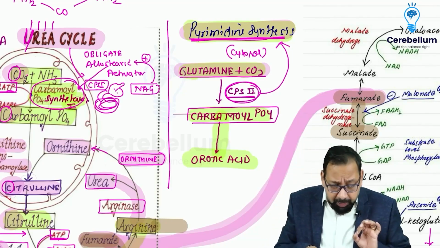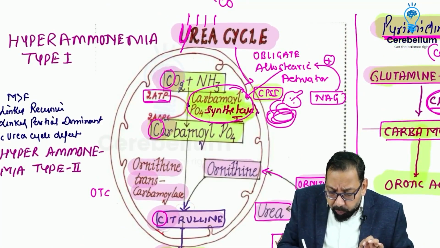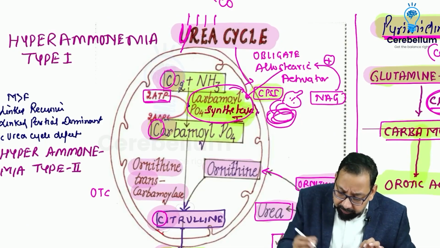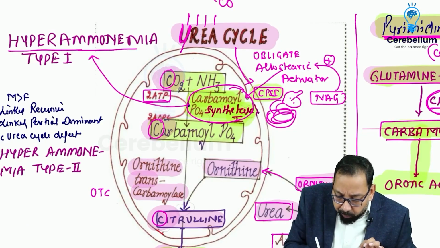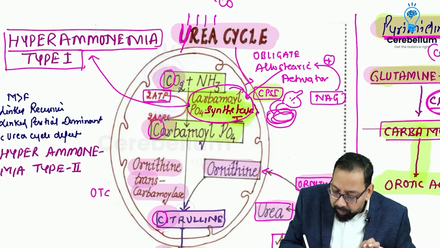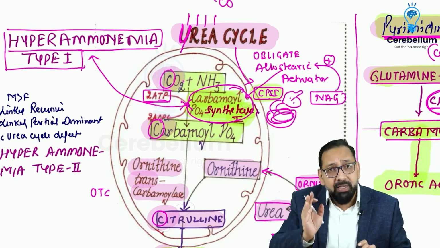Now the question is asked: if CPS1, carbamoyl phosphate synthetase 1, is deficient, then it is called hyperammonemia type 1. It means CPS1 is not there, so ammonia will not be detoxified, ammonia will increase, hyperammonemia type 1.